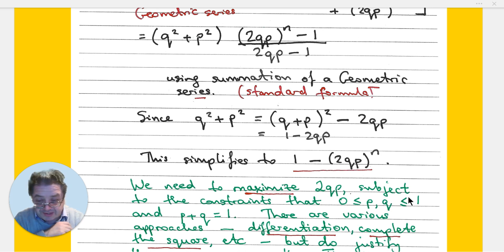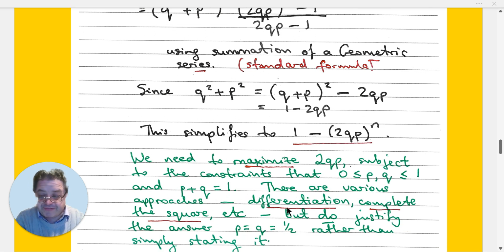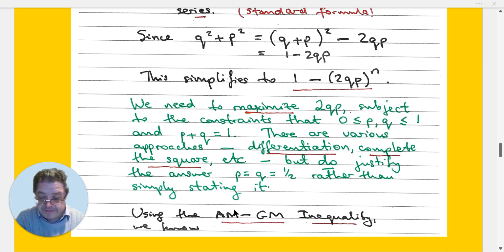Now the answer to this is fairly easy to spot. It's when p equals q equals a half, in which case 2pq also equals a half. But we need to justify that. We can't just state it. You could do this by differentiation, completing the square, or other methods.